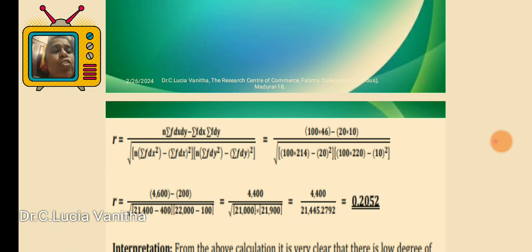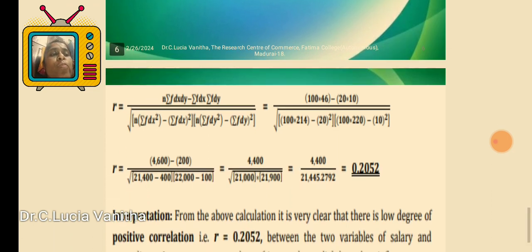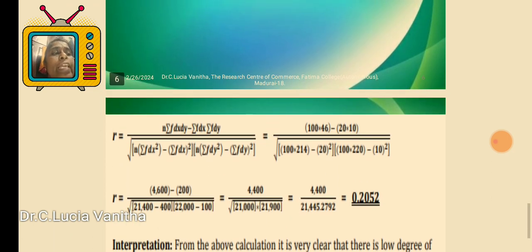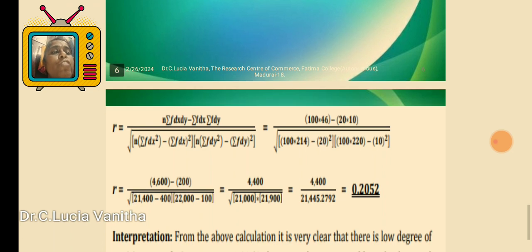Then substitute what we have calculated. Now you will get 0.2052. Yes, it is plus 0.2052.